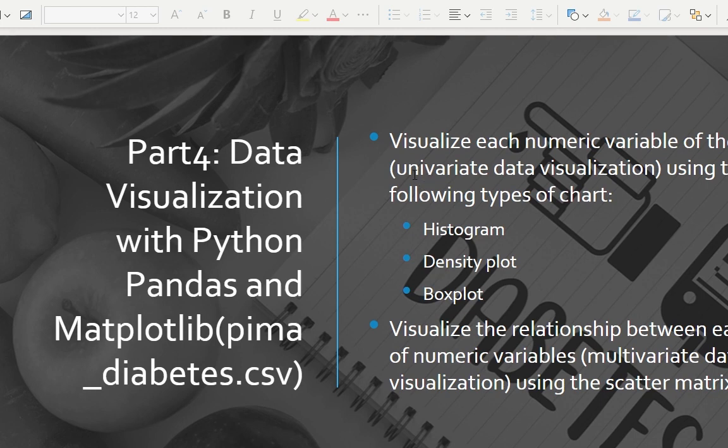In part 4, they have two small parts. The first part is to visualize each numeric variable of the dataset using the following types of chart: histogram, density plot, or box plot. And the second part of part 4 is to visualize the relationship between each pair of numeric variables using the scatter matrix plot.